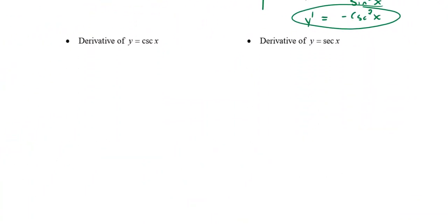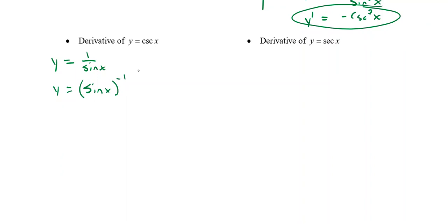All right, next one. So what's the derivative of cosecant x? So let's rewrite this as y is equal to 1 over sine x. And then one more time, I'm going to write this as sine x to the negative 1.